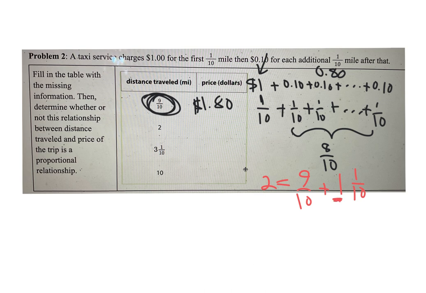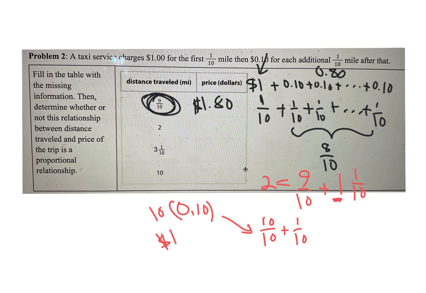So if I add 1 and 1 tenth, that's going to be 10 tenths plus an extra 1 tenth, right? Well, we know that for 1 tenth, that's 10 cents. So that's like saying 10 cents times 10, which is another $1, right?